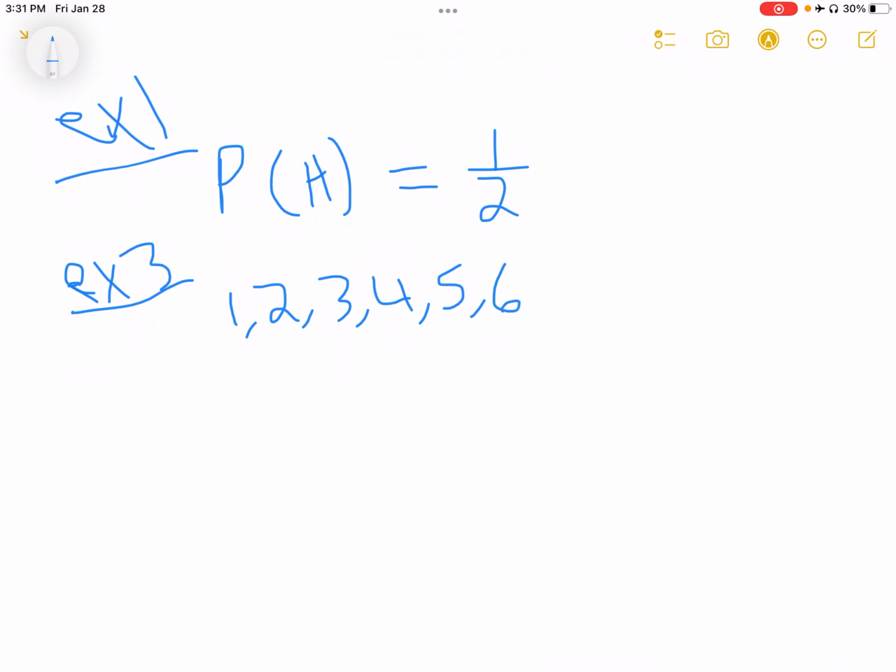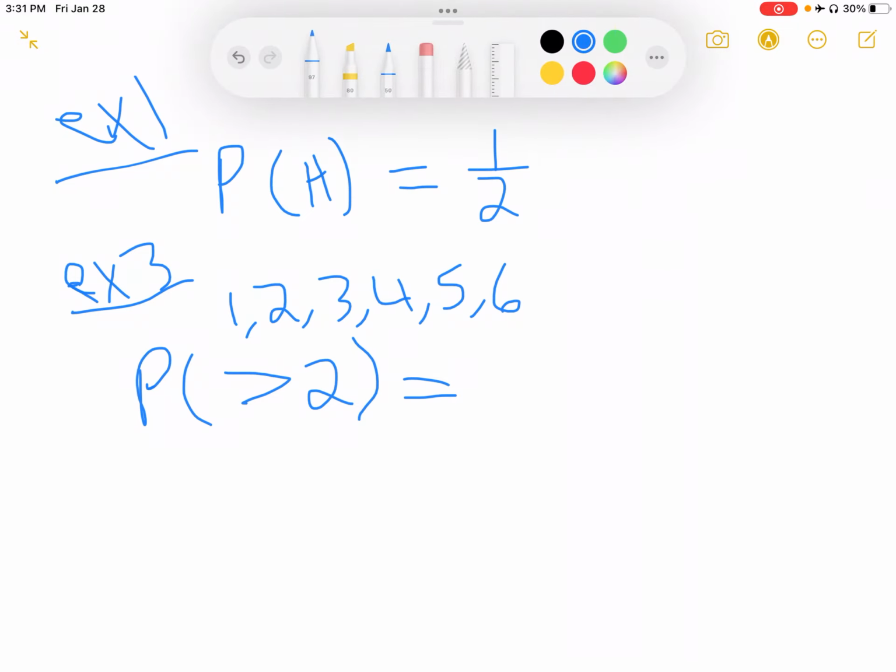So they said probability, and they said greater than 2. So we just look at how many numbers are above 2. It's all of these right here. So how many outcomes are we looking for? We're looking for 4, and there's 6 possible outcomes. So we'd say it's 4/6, or we could go ahead and say 2/3.